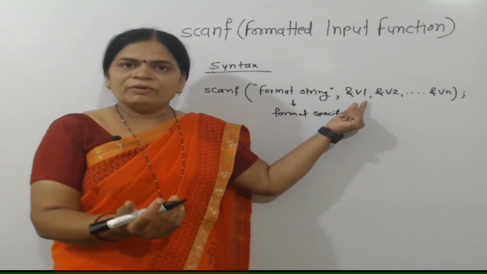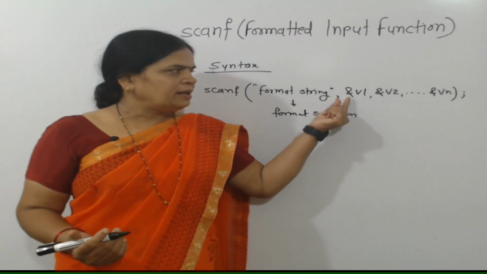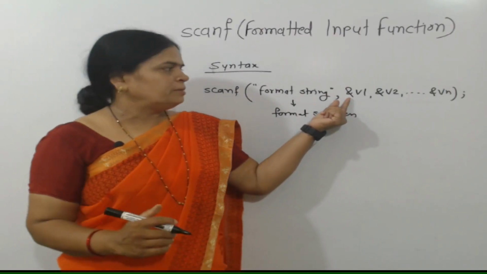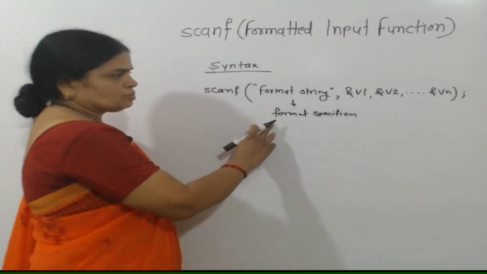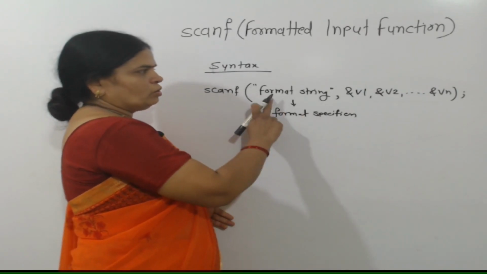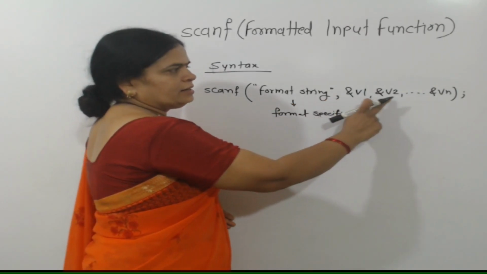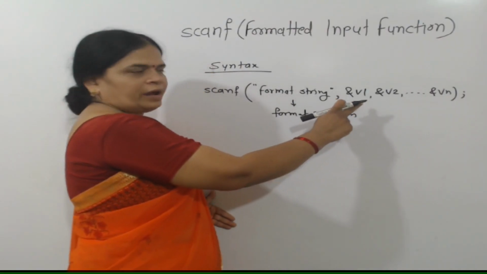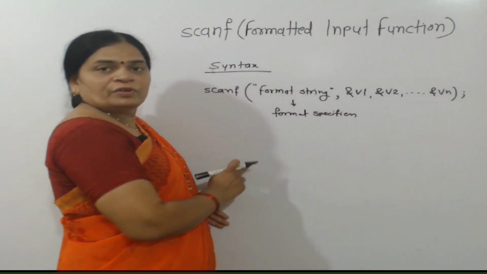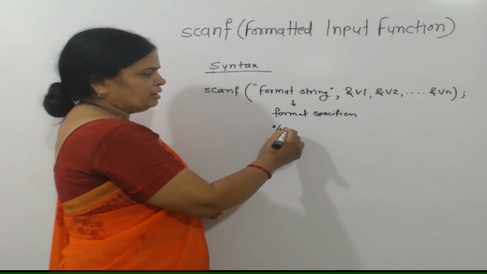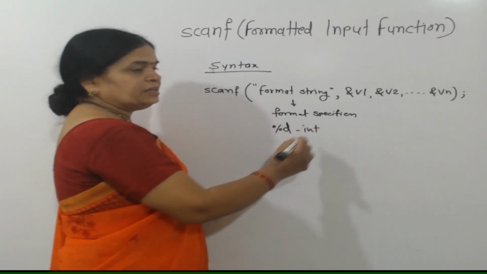Before the variable whose value you want to input, you have to write the address of operator, that is the ampersand. And this format string specifies the data type of these variables, and you better know the format specifiers of different data types. Suppose if you want to input an integer value, then I will write %d.